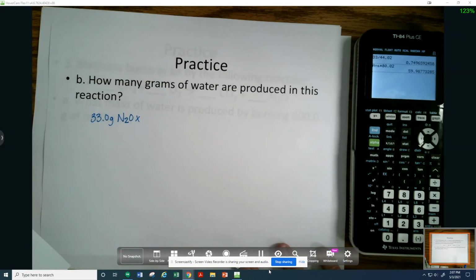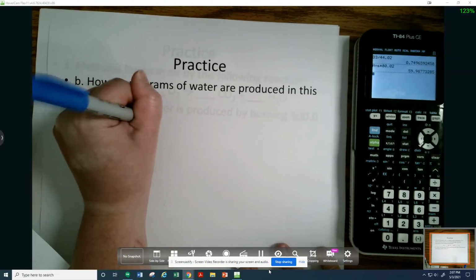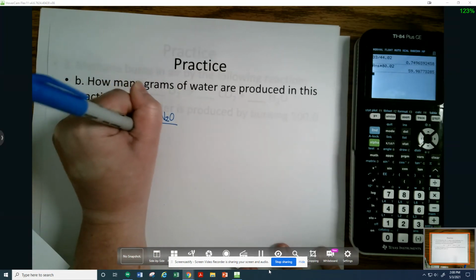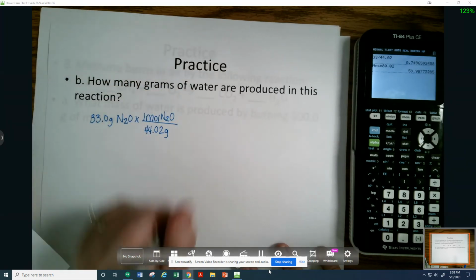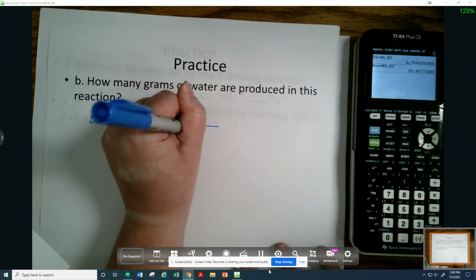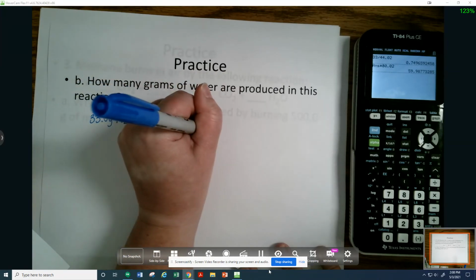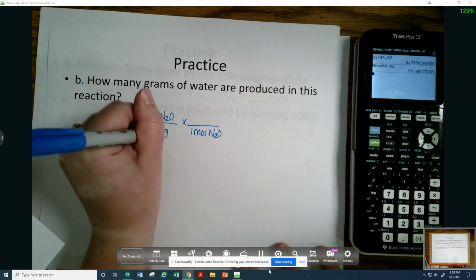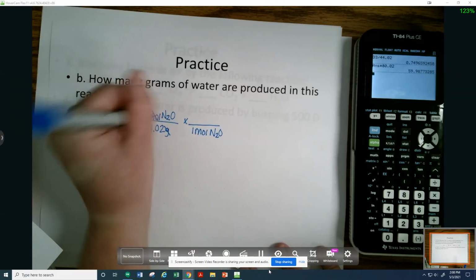So to start out, that first part all stays the same. 1 mole of N2O is to 44.02 grams. The molar mass of it has not changed. And I can already start setting up my mole ratio with the denominator because, again, that stuff is all the same because we're talking about the same compound.